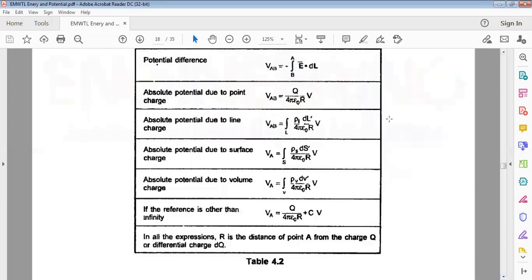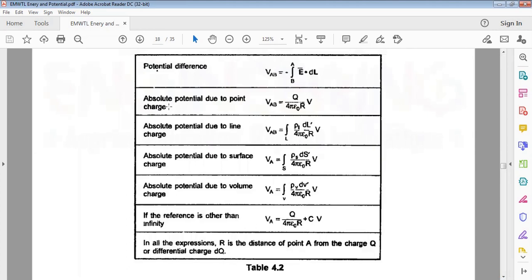These are the potential values we derived in yesterday's class and today's class. The potential difference V is equal to minus the integral from the initial value V to the final value A of E bar dot dL bar.